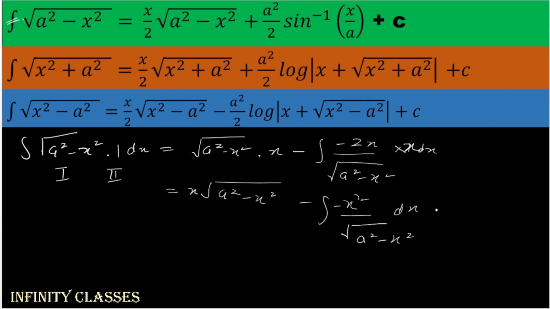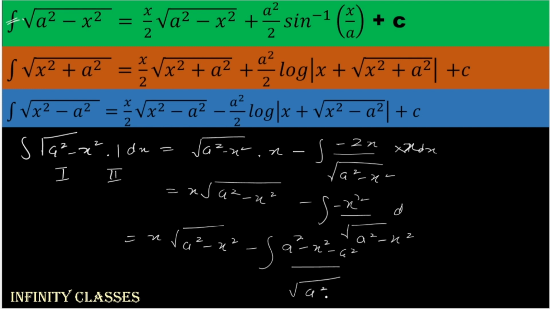Now after this we will convert the numerator to be the same as the denominator in the second part. So this will be x root a square minus x square minus integration of, we will add and subtract a square, so it is a square minus x square minus a square upon root a square minus x square dx.